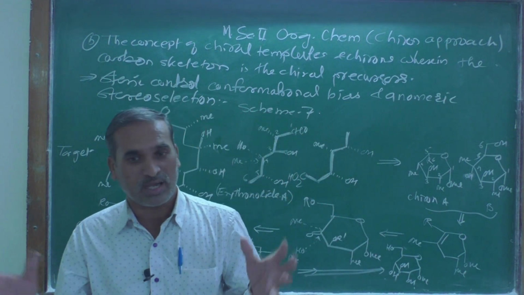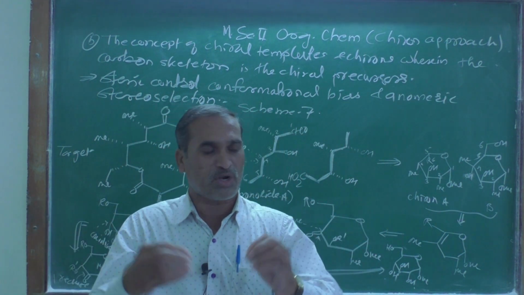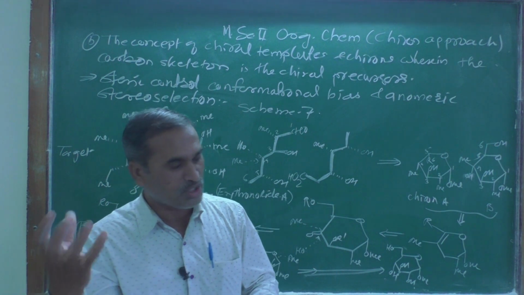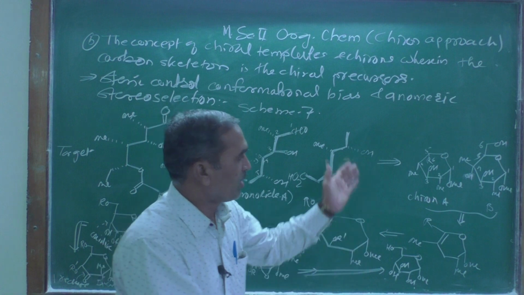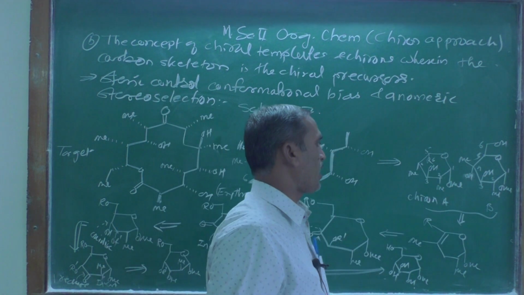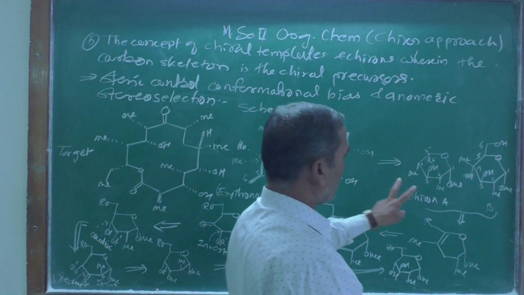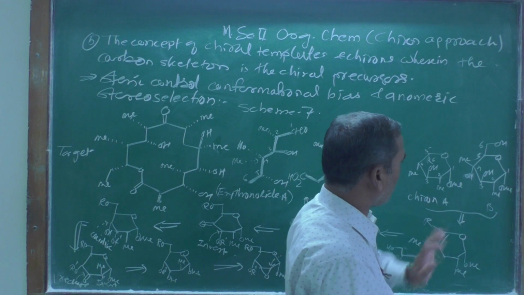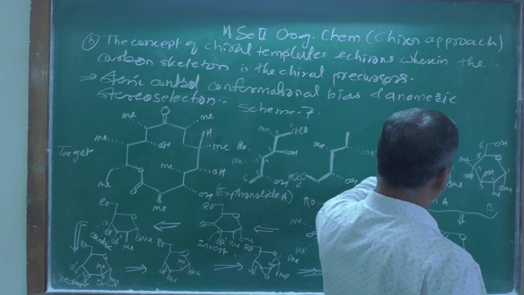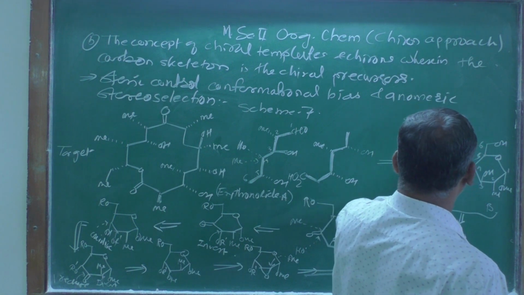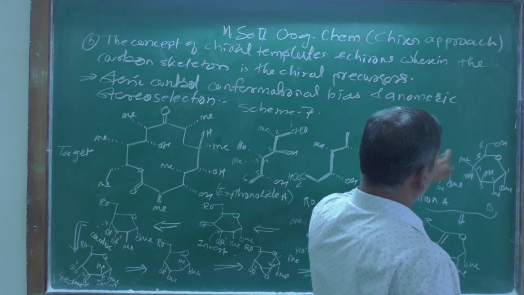As we know, chiron is a combination of the words chiral and synthon, and we get two chirons here, chiron A and chiron B. What are the differences here? Only at carbon number 5 there is an R group at the 6th position.